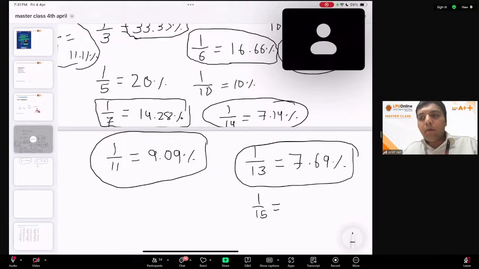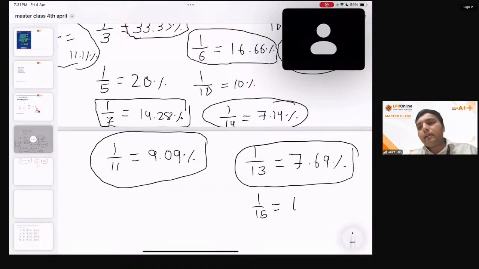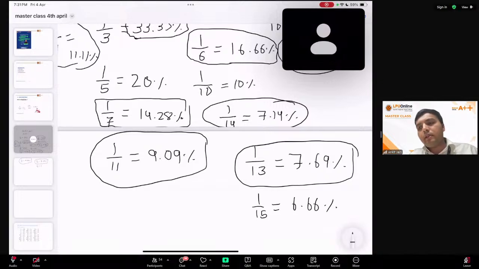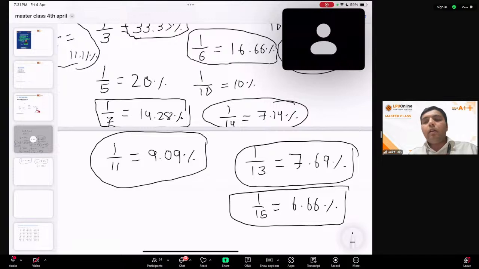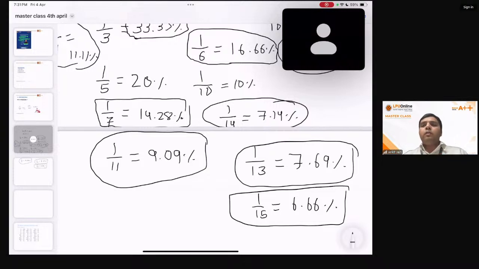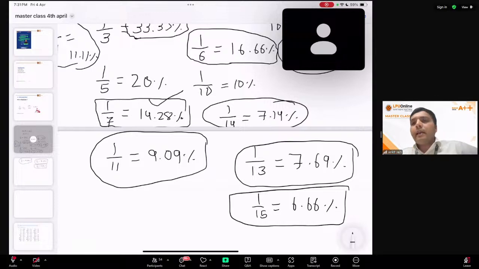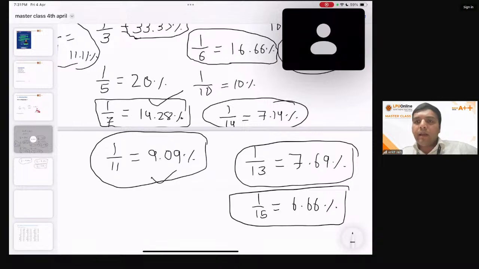What is the value of 1 by 15? 6.66%. So there are four unique values that you have to remember. First, 1 by 7, which is 14.28. Next, 1 by 11, which is 9.09. 1 by 13, 7.69, and 1 by 15, 6.66. Others you can derive, right?